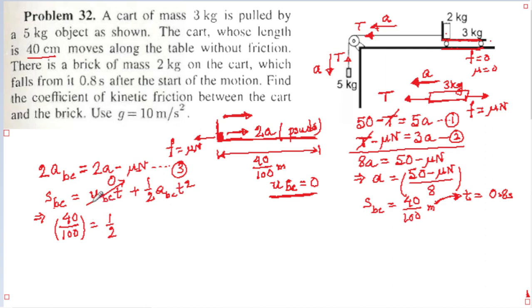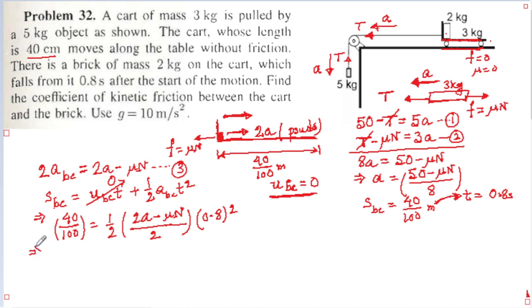Now we can write the equation for a_BC, which is equal to 2a minus mu n divided by 2, into the time taken in this process, which is 0.8 second squared. Again we can substitute the value of a from the earlier equation.